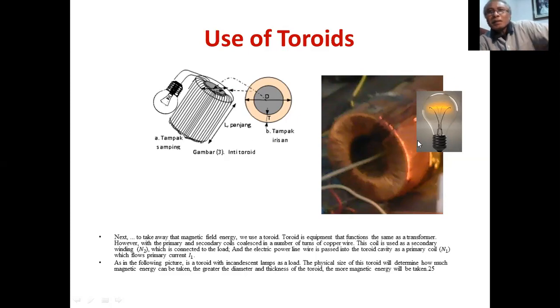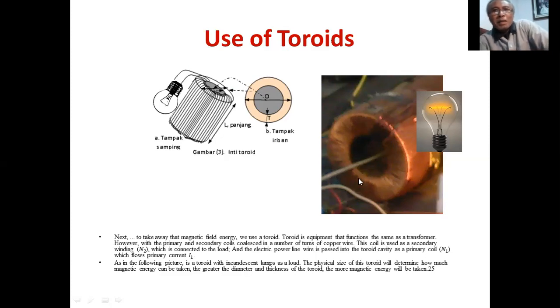The electric power line wire is passed into the toroid cavity as a primary coil, through which the primary current I1 flows.